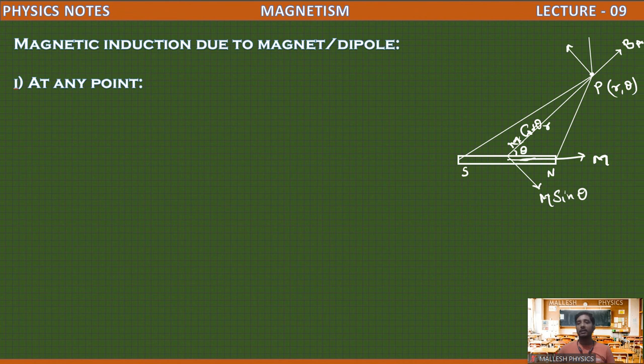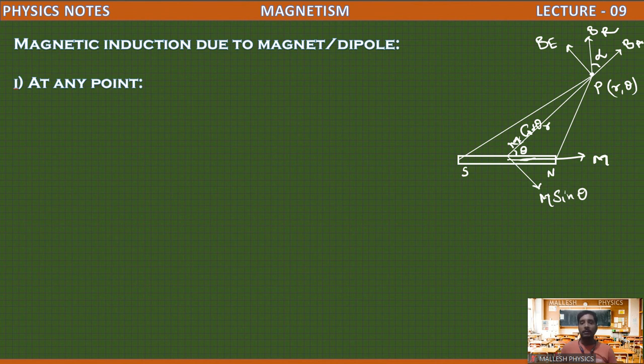Just now we have seen that at any point on the equatorial line, the net magnetic induction acts opposite to the direction of magnetic moment. Here the M sin theta component is acting in this direction, so exactly this field acts in this direction on the equatorial line. Let us call it BE. Then this is the resultant magnetic field between these two, making some angle alpha with BA.